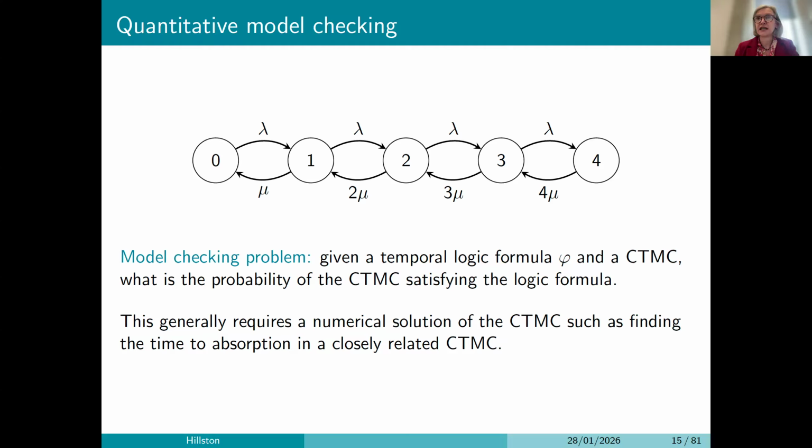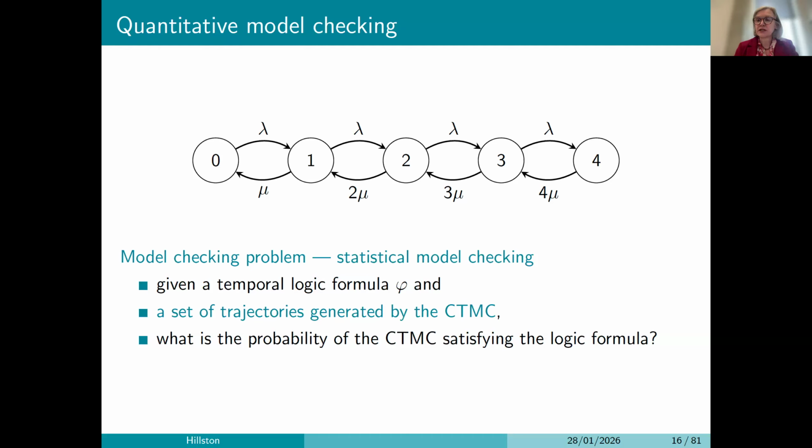So, for example, in that case, if we look at the time until we reach a state that satisfies that property of 3 mu or higher, we would make absorption at state 3 and solve for a transient solution. This only works when our models are relatively small.